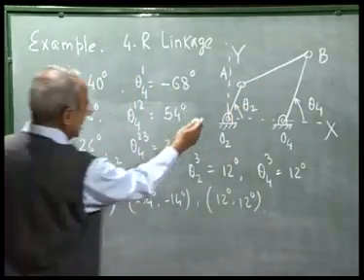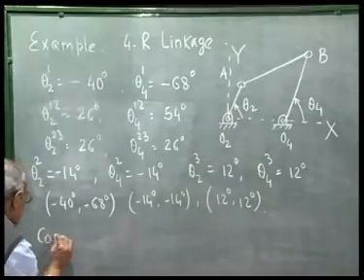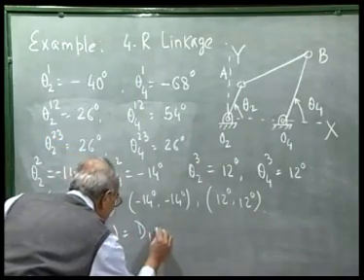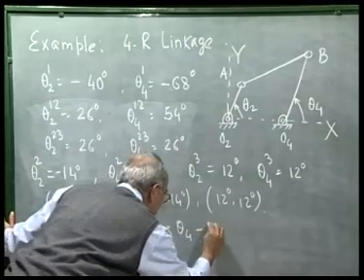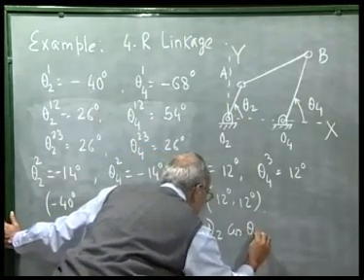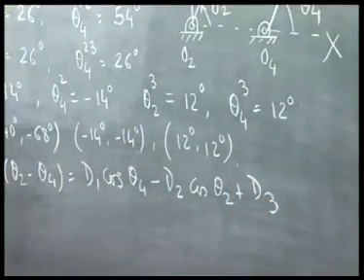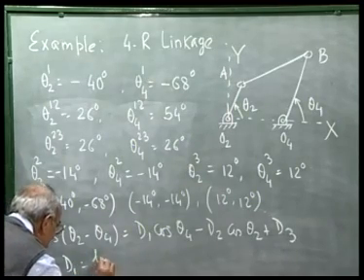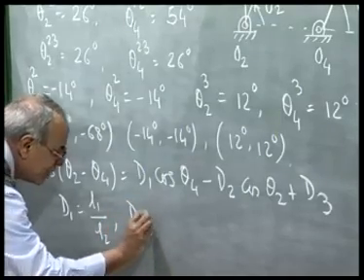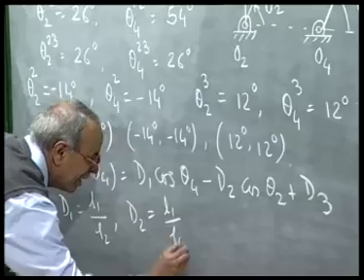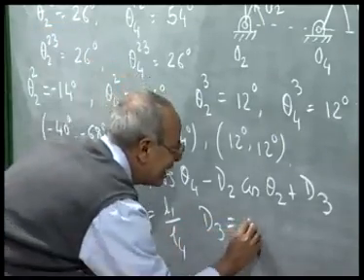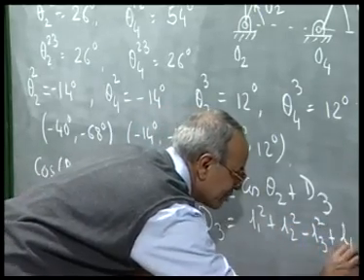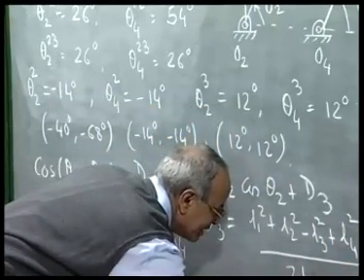configuration of the 4R linkage with the input link on the left, that is cosine (theta 2 minus theta 4) is d1 cosine theta 4 minus d2 cosine theta 2 plus d3, where d1, d2 and d3 are the three design parameters, where d1 is L1 by L2, d2 is L1 by L4, and d3 is (L1 squared plus L2 squared minus L3 squared plus L4 squared) divided by twice L2 L4.